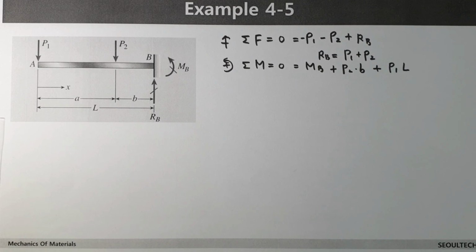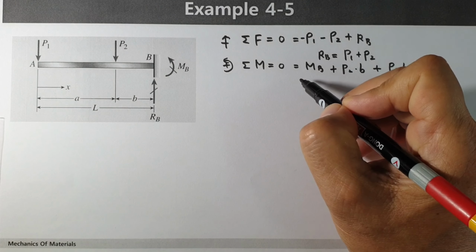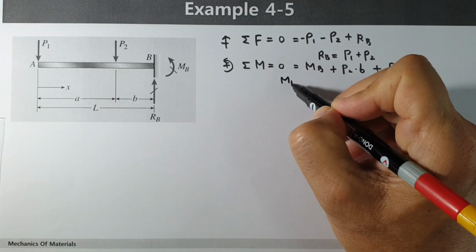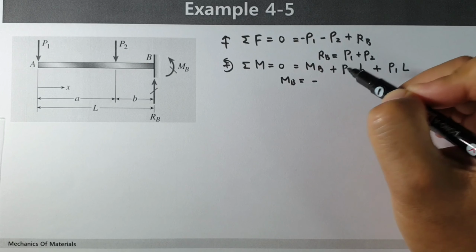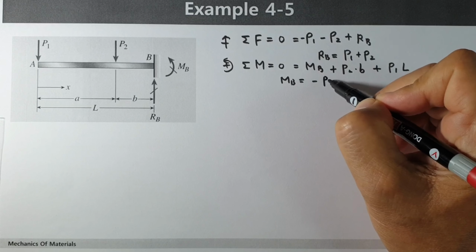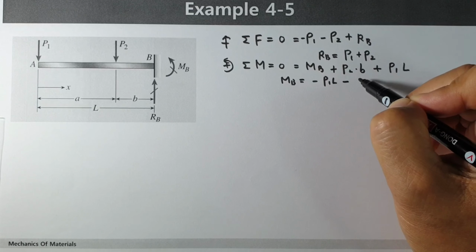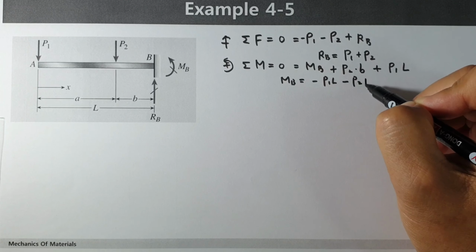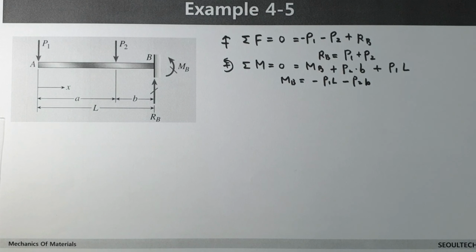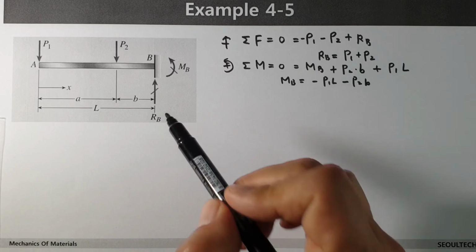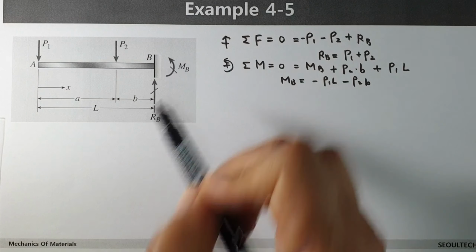Then MB equals minus P1 L minus P2 b. That's the MB direction, and we found RB and MB.